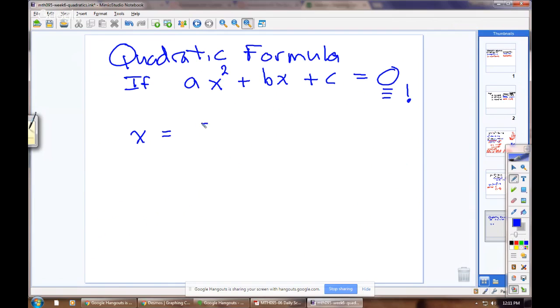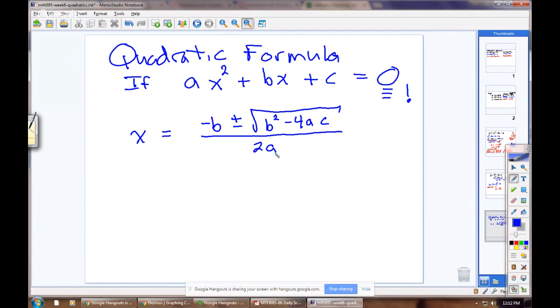The opposite of the middle term, plus or minus this big old square root, and in the square root is the middle term squared minus 4 times the first term times the last term, all divided by twice the first term.